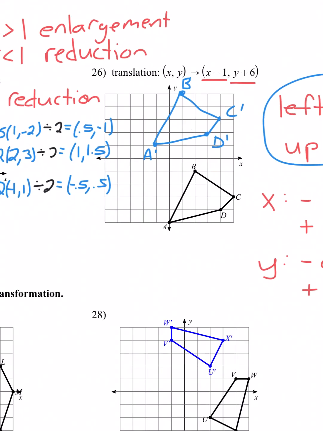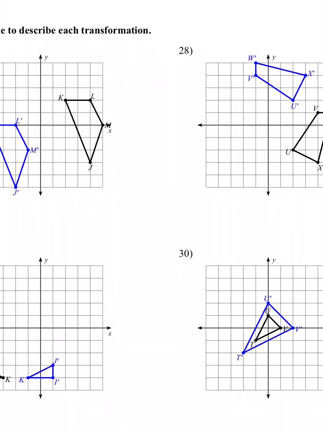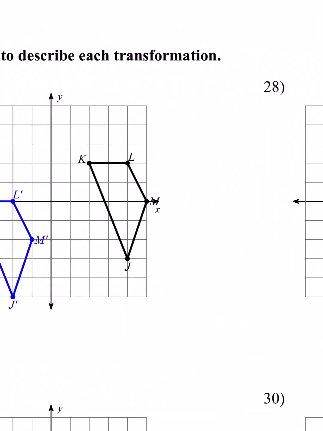What are you doing? You're describing it, right? So first we need to start with which transformation's happening. Which transformation's happening on 27? Is it flipping? It is a translation.